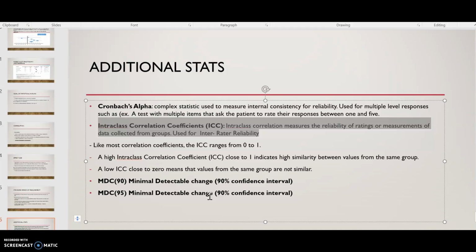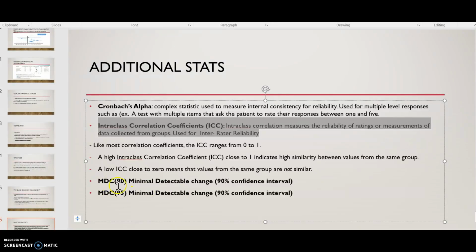So if we think about that in point values, say for the DASH it's 2.5 points, that patient needs to show a change of 2.5 points from the last time they took that exam for us to say, okay, there is a definite change, because that is the minimally detectable change. That is the defined minimally detectable change in order for us to say, yes, that is a statistically significant change.